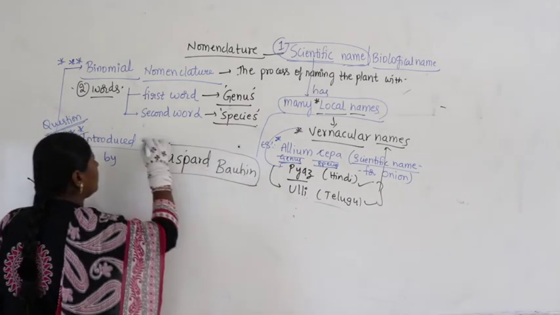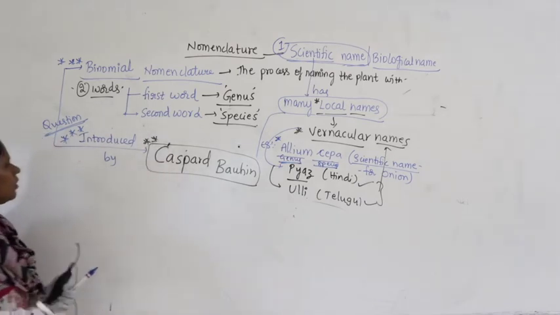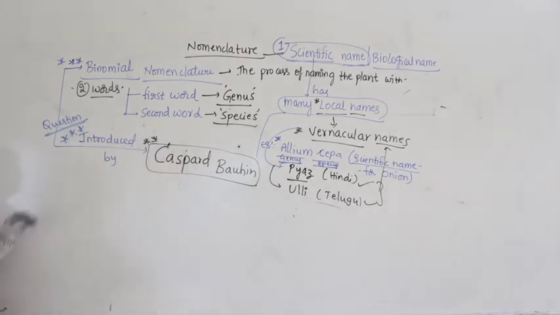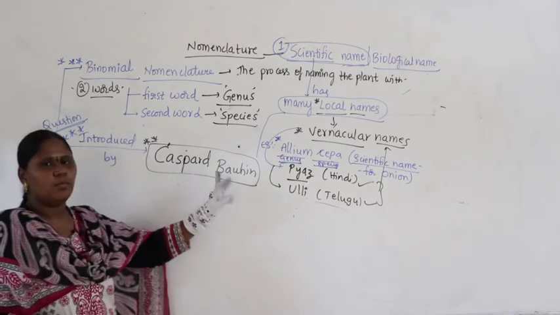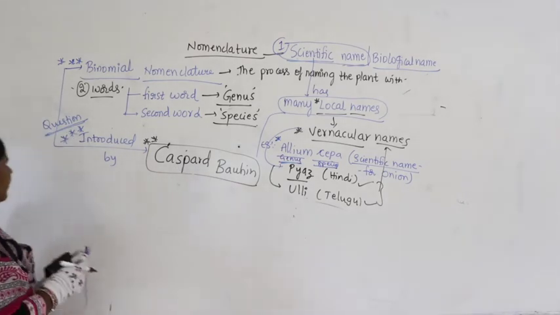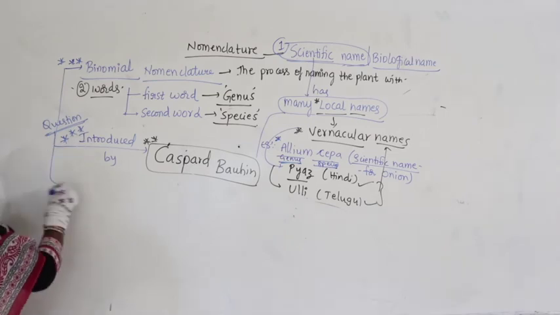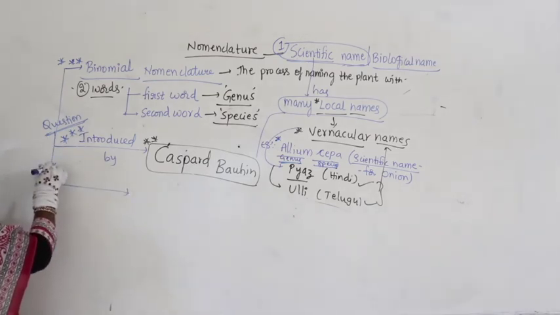Very, very important. Whenever you get the question, this is a very important question, binomial nomenclature for the first time was introduced by the scientist Caspar Bohen. Sometimes we may have a choice of getting the question, even this is a very, very important question.